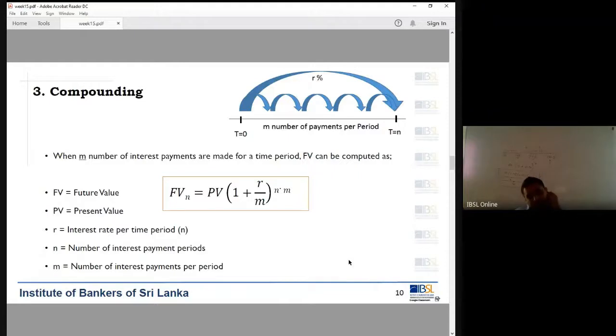So likewise, N is going to be a number for the determination of the project or the investment's point of view. But the interesting thing here is that inside that capital N, you will see a simple M number of interest payments being made for this cash flow that we are going to consider.